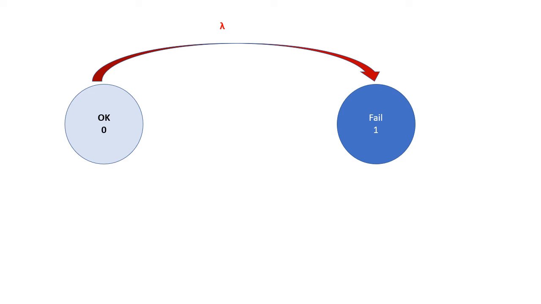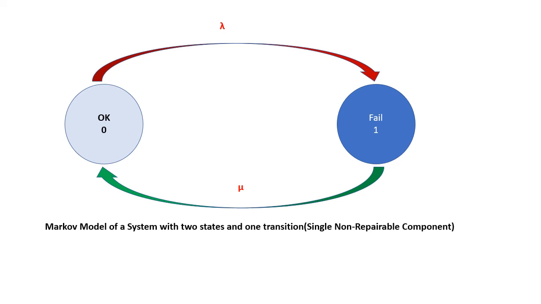But in this case, there is another probability of going from the failure state back to the OK state due to maintenance or repair, and that probability is denoted by mu, right? Now, this is for the repairable component, so this term is wrongly written. This is for the repairable component.